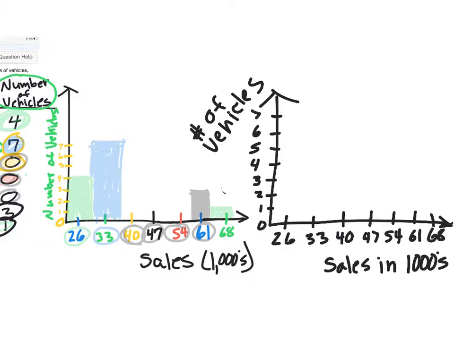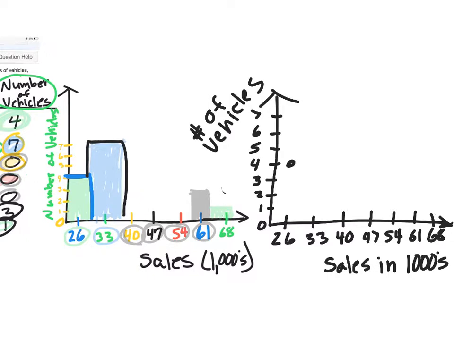So before I had a bar above the 26 that went up to 4. Now I'm simply going to place a coordinate right here at 26 and 4. The 33 had a bar that was centered above the 33 and that was 7 units high.